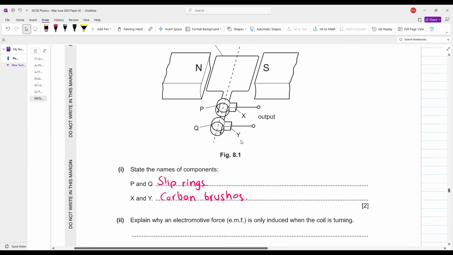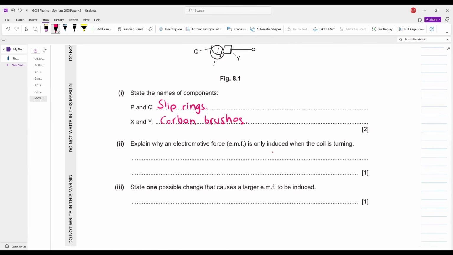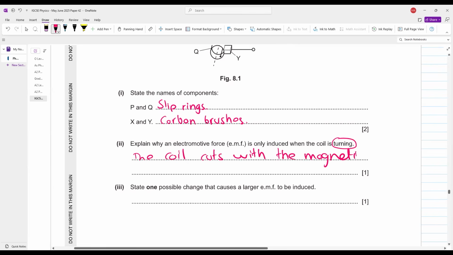Explain why an electromotive force is only induced when the coil is turning. What will you say? The coil cuts the magnetic field, generating induced EMF.